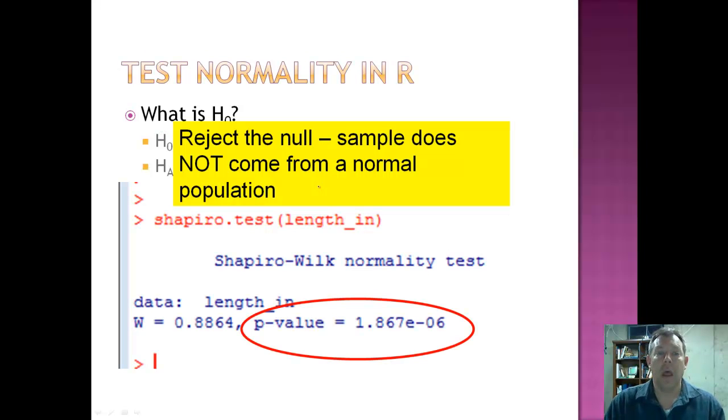And so that's what this says right here. We reject the null. The sample does not come from a normal population. And what's our level of uncertainty? Well, it's much, much less than 1% chance that that null is true based upon our data.